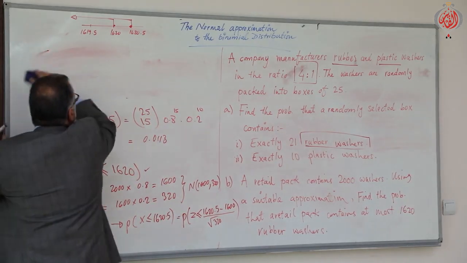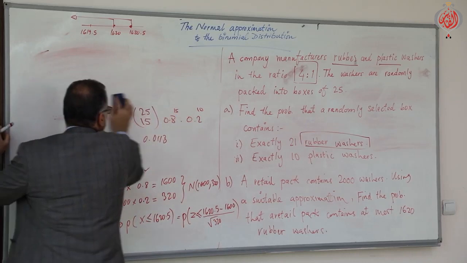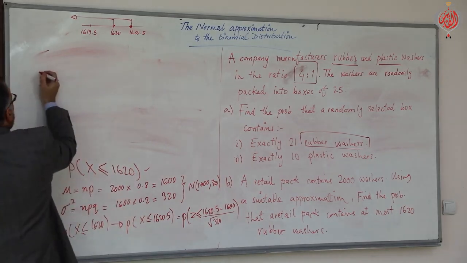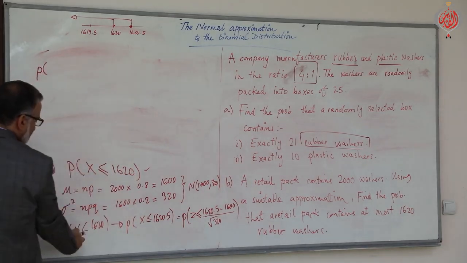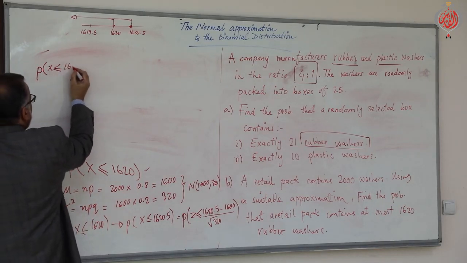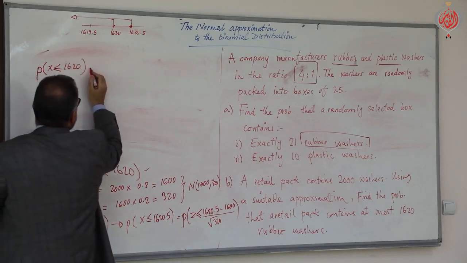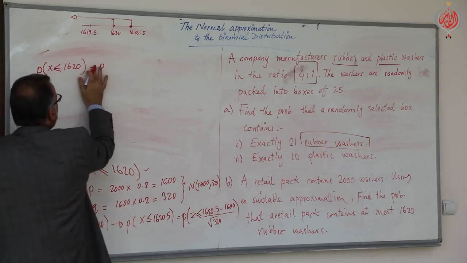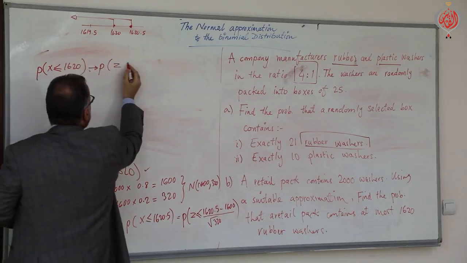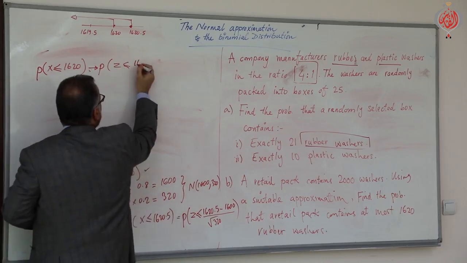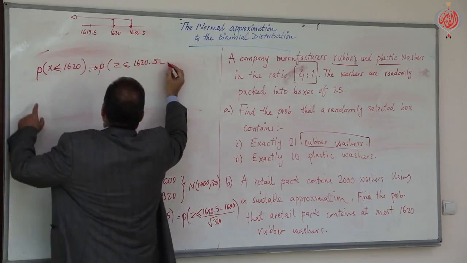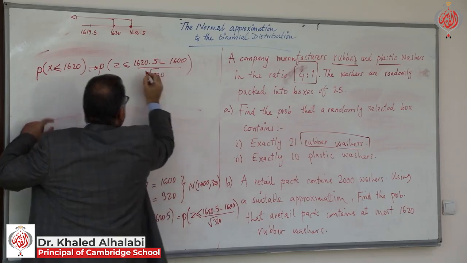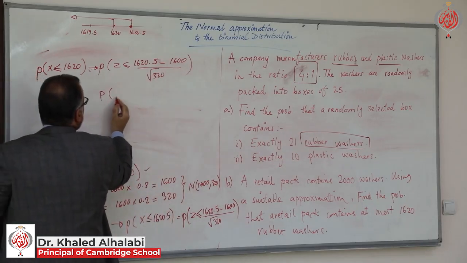So x less than or equal to 1,620, again I will repeat, is approximately equivalent to the probability of Z less than or equal to 1,620.5 minus 1,600 over the square root of 320. This is the standardization process.